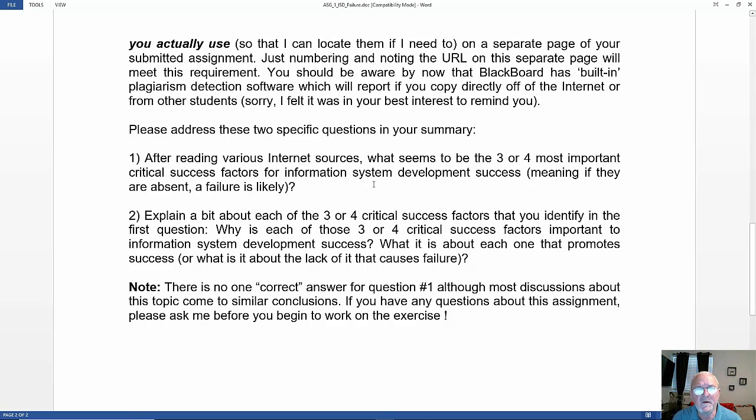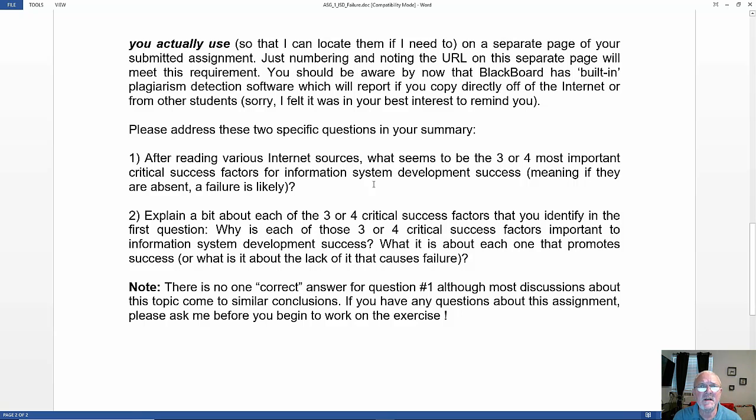So you find relevant sources and you see that they say this large-scale information system failure was due to a lack of understanding of the requirements in the analysis phase of the SDLC. Or this internet source that I'm using shows that this large-scale information system development project was caused by a lack of user acceptance.